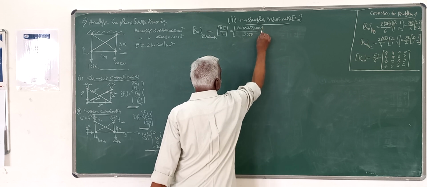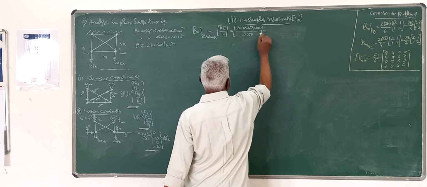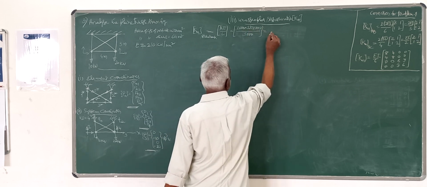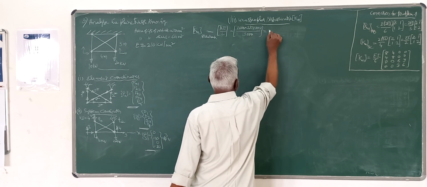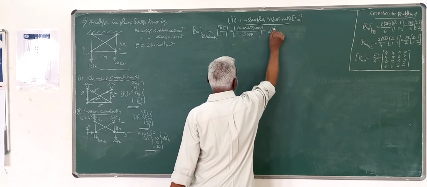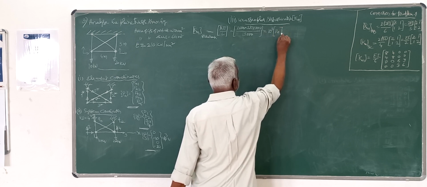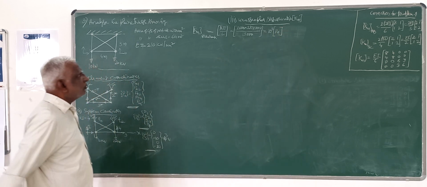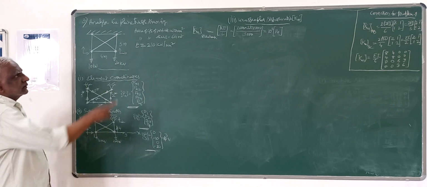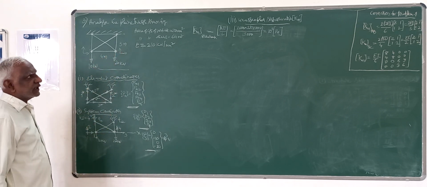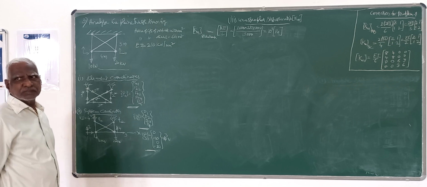So you will get 10 cube into 14, for all vertical members. So the stiffness can be taken as 14,000.